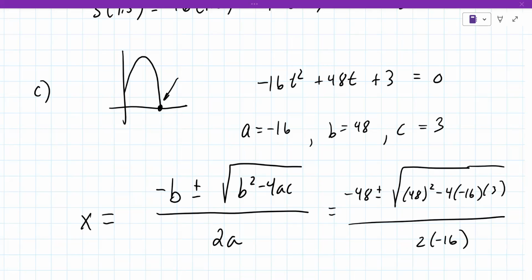Sure. Got 3.06. You're talking about for just the part under the root, right?